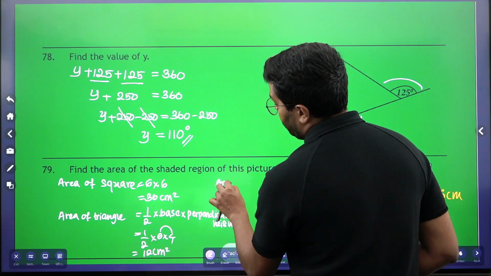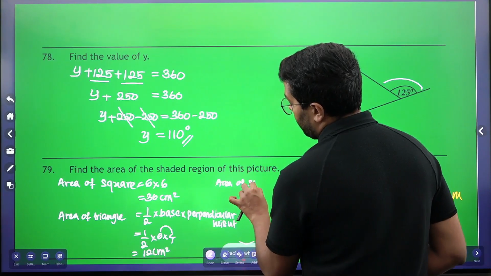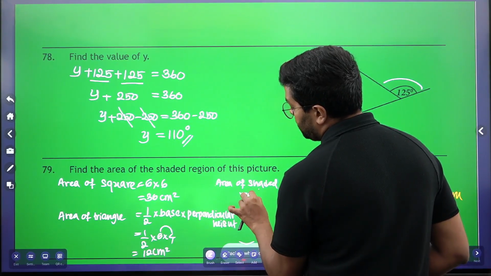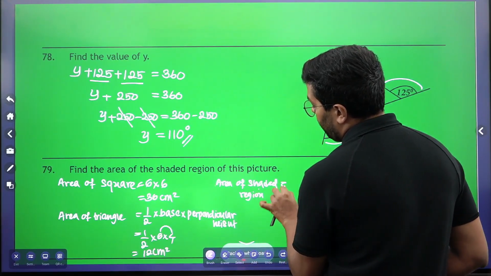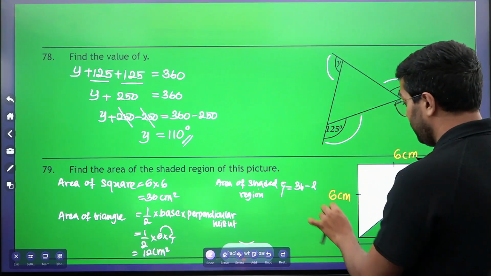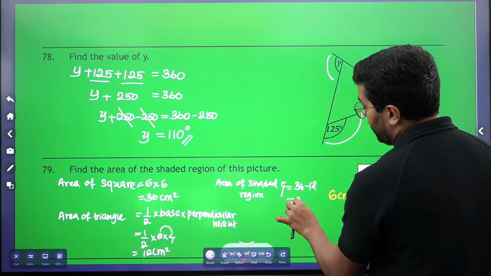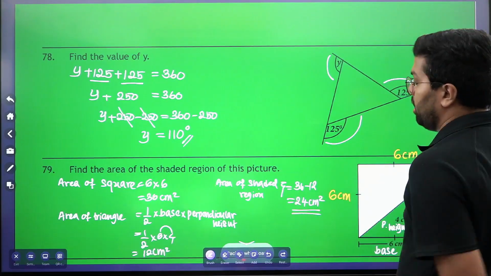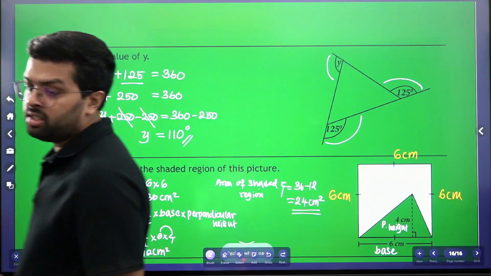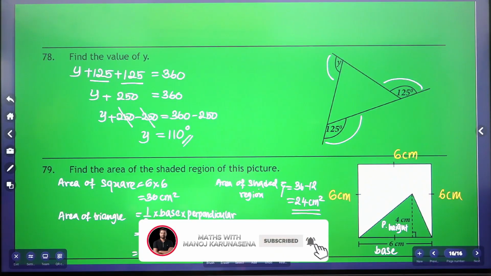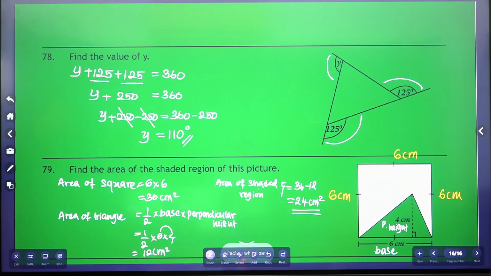Area of shaded region equals 36 minus 12, that is 24 square centimeters. The area of the shaded region is 24 square centimeters. Got it? Clear? Good questions. Okay.